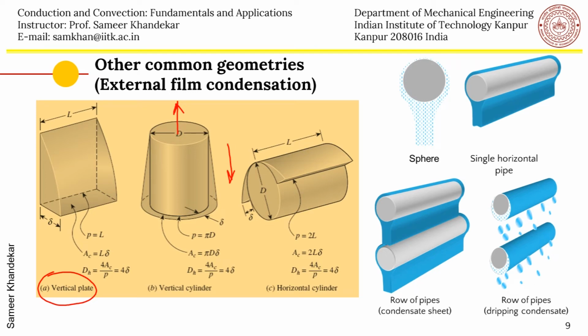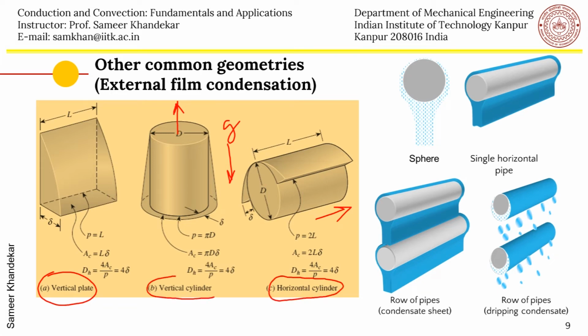It can also be horizontal in this direction. So the pipe may be vertical, or it can be horizontal. And then you will have horizontal cylindrical situations, or vertical cylindrical situations. And in each case, the value of P is given, which is the wetted perimeter. The area of the film is L into delta.